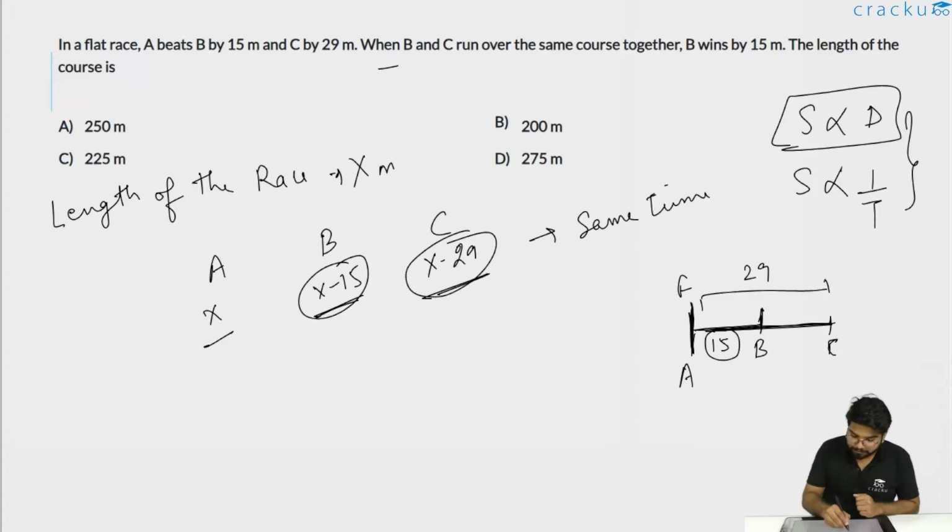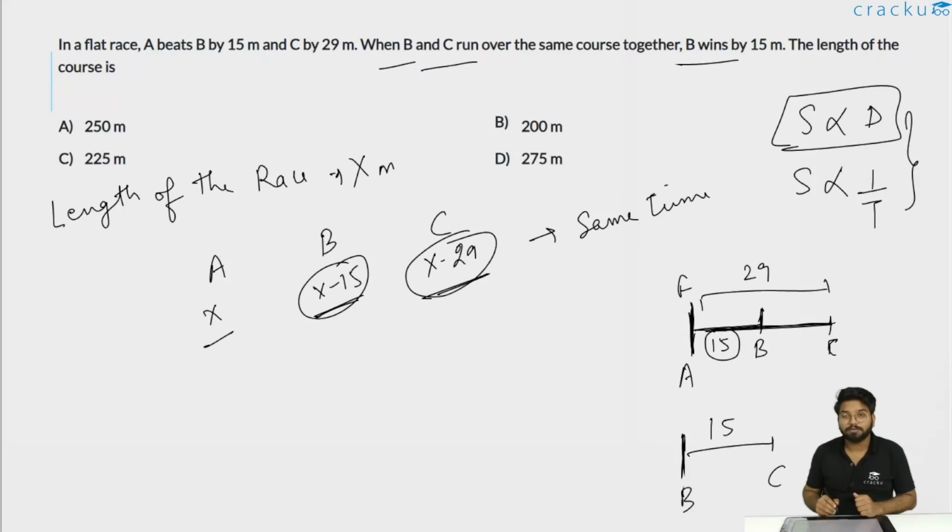Similarly, when B and C run over the same course together, now A is not running, now B and C are running. B wins by 15 meter. It means when B covered the distance, C was 15 meter behind. So if B is here, C was 15 meter behind the finishing line.